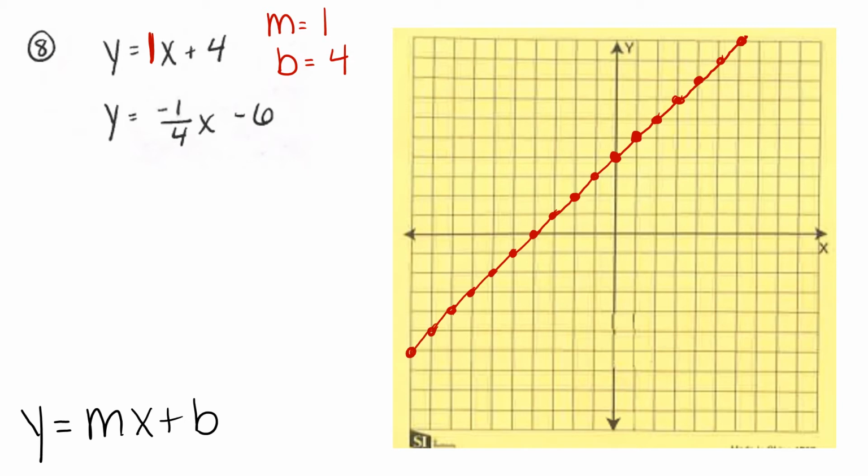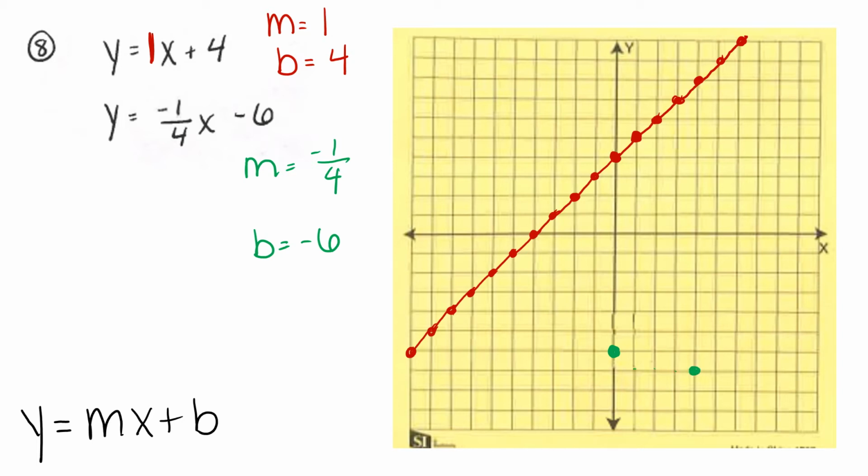For our second equation, we pull out the mx value first, so that's the -1/4, and our b value, which is the -6. Starting at 0, we graph the -6 first, so go down to -6. We're then going to graph our -1/4. Negative is down, so we go down 1, and then always to the right, and we go 4.